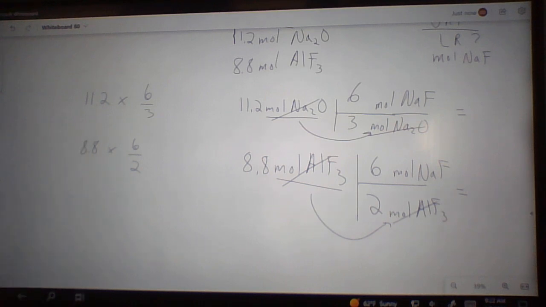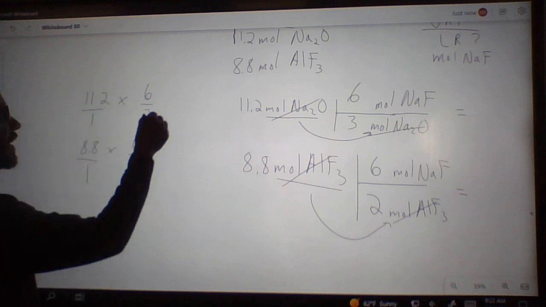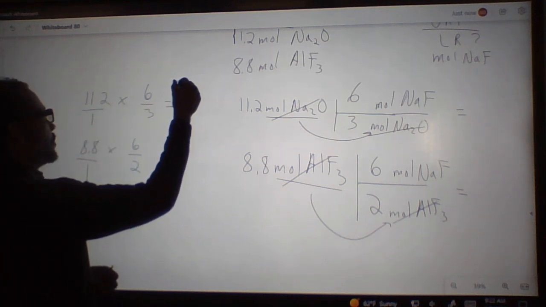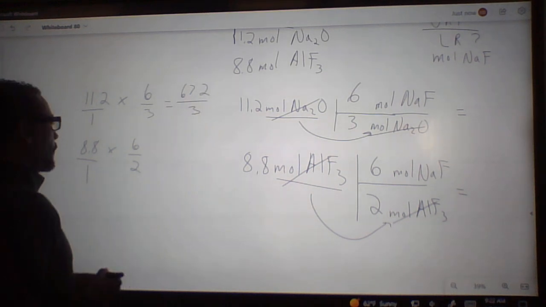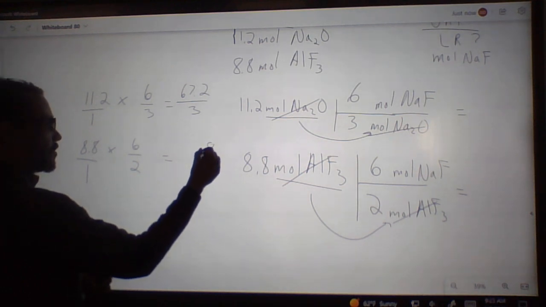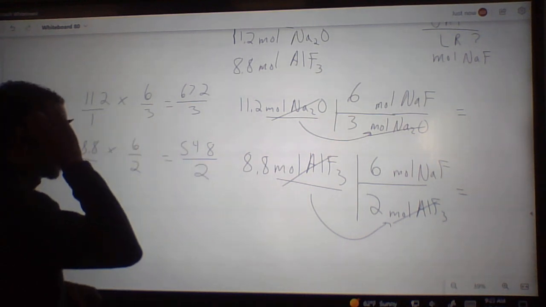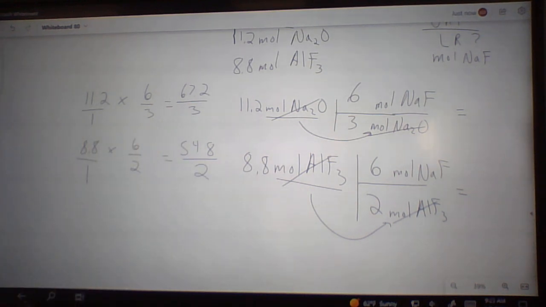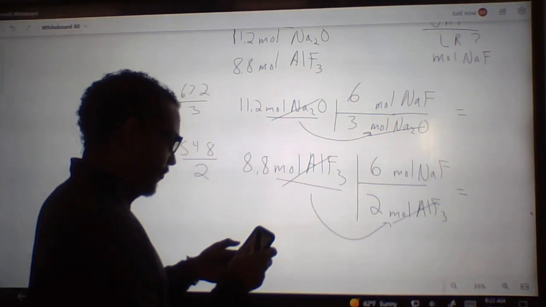All right, so this is just two fractions. For two fractions, I just multiply my numerators. So this would be 67.2 divided by 3, and this is going to be 52.8 divided by 2. All right, and then now we get our calculator.